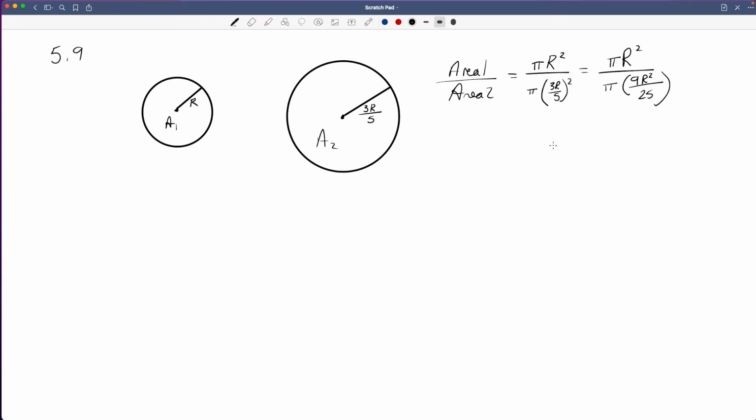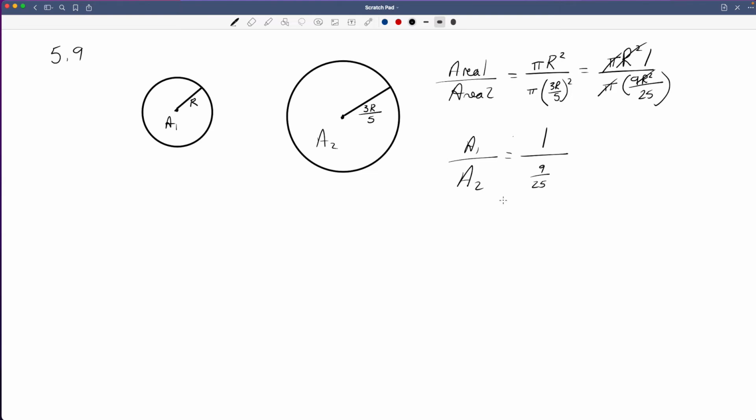Now we can factor out certain things. We could factor out pi, and we could factor out r squared. That leaves a 1 up here. So we have 1 over 9 over 25. All right, that's area 1 to area 2.